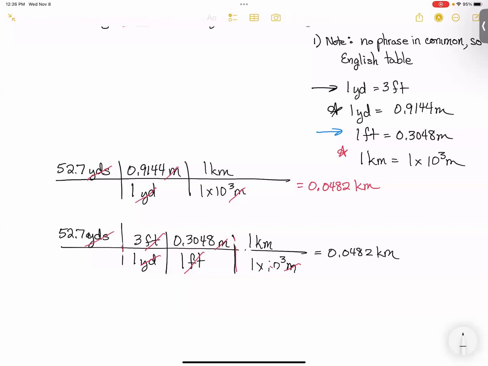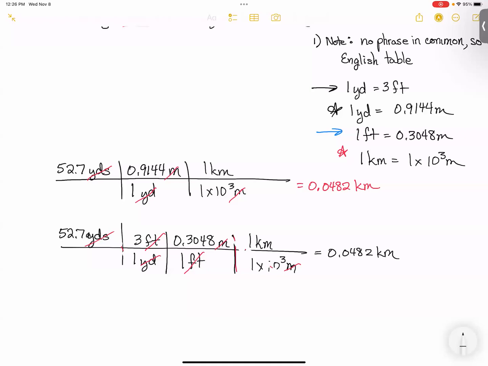In other words, you can let your units guide you, which is another common mistake I see. And that is I see students who try not to worry about writing those units.